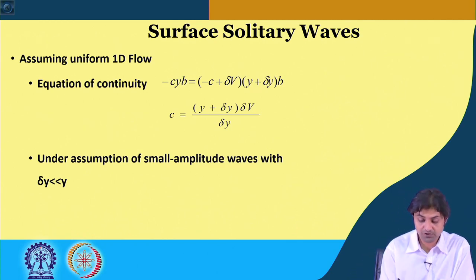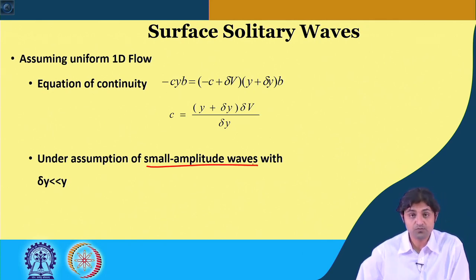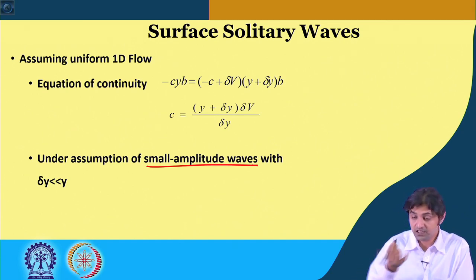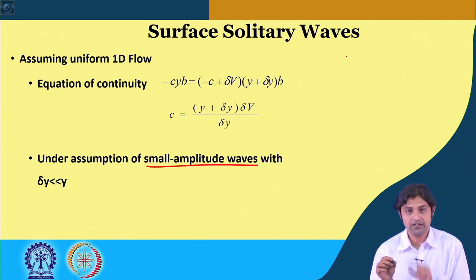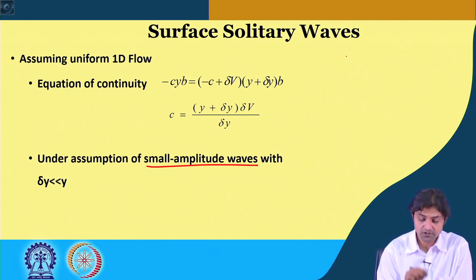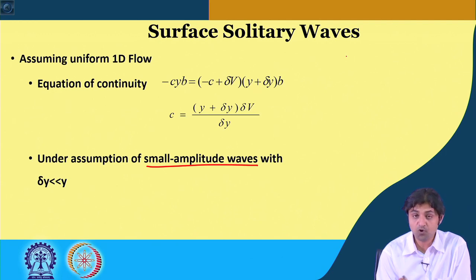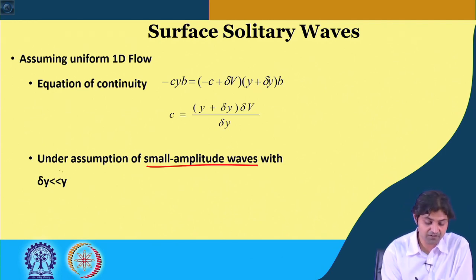Now, there is one assumption that we are going to make, that these are small amplitude waves. Small amplitude waves means the height of the wave, or in this case delta y, the elevation with which the water surface goes up, or some parameter related to the wave height, is much less than the water depth. So, delta y should be much less than the water depth.